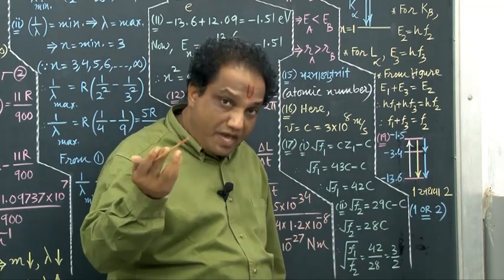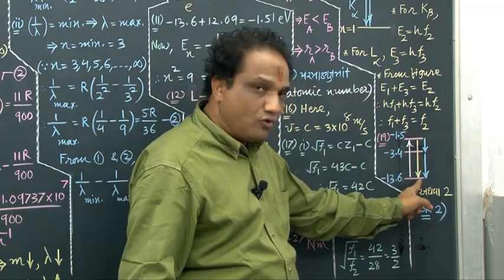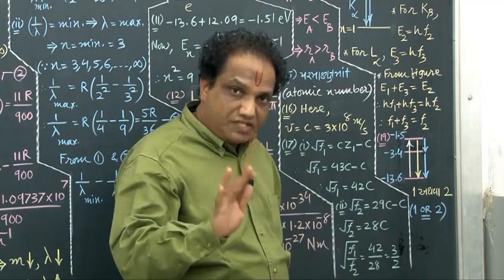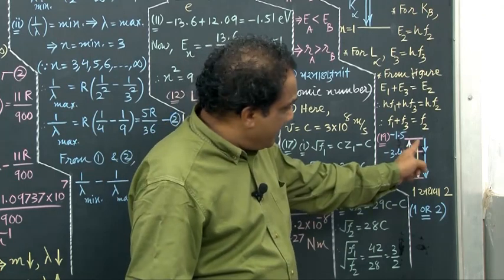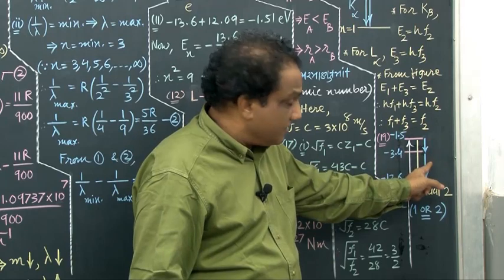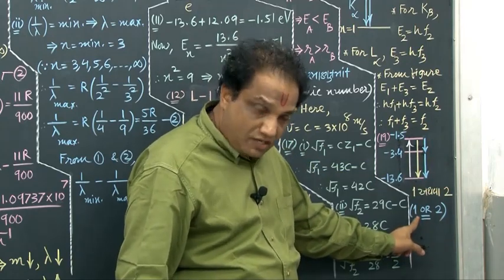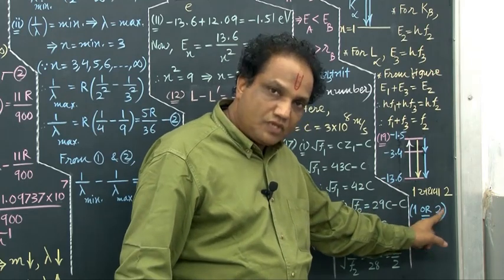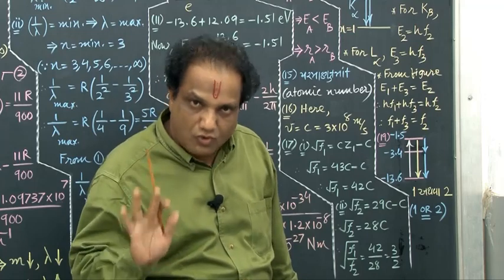Or it may transit directly from the third state to n equal to 1, that is the ground state. So what is the answer? The number of transitions may be 1, or 1 and 1, that is 2. So the final answer is the number of transitions may be 1 or 2. Minimum 1, maximum 2. Got it? Fine.